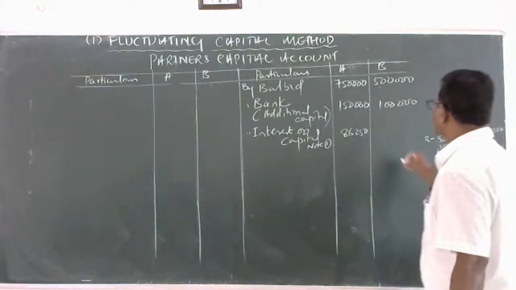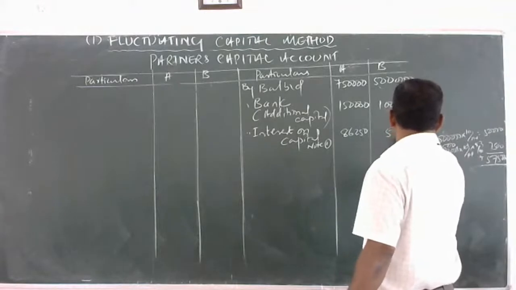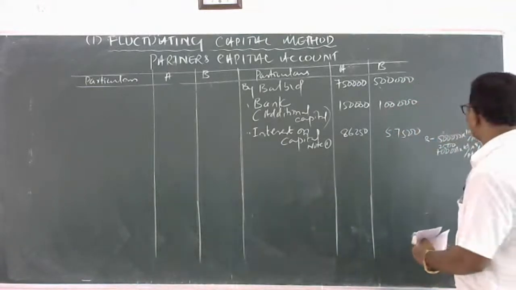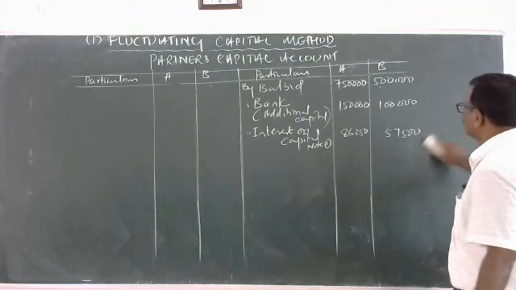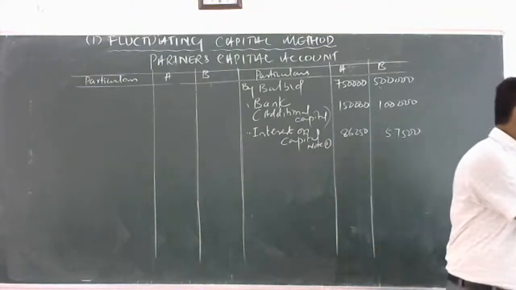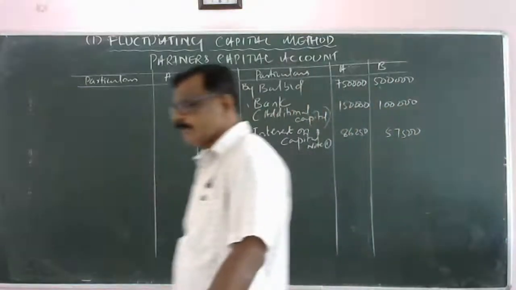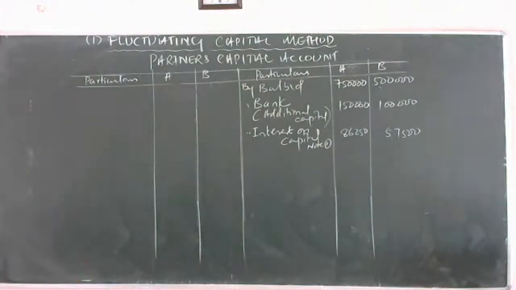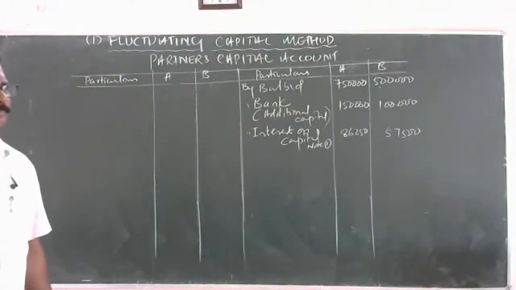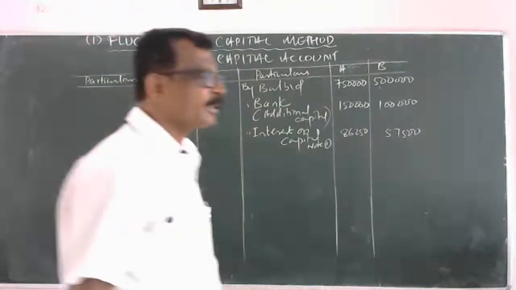So total interest on capital is 57,500. You can show this in the note, not only in the calculation. 57,500 and 86,250. Right? Interest on capital.